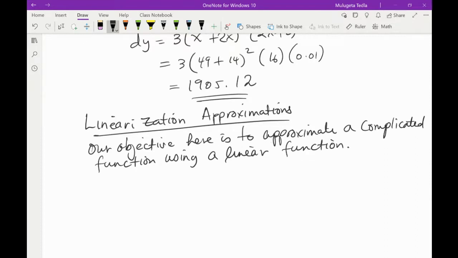This process is called the linearization process.